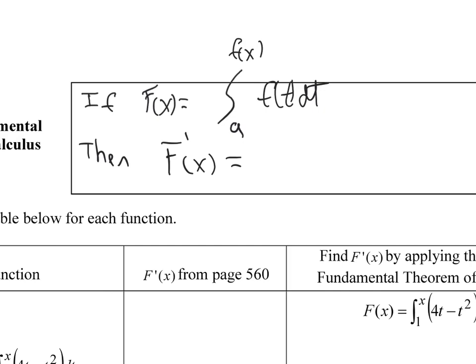how am I going to do this? f of f of x. Might be a better way of writing that, but I want you to realize that this is being plugged into here, times f prime of x.